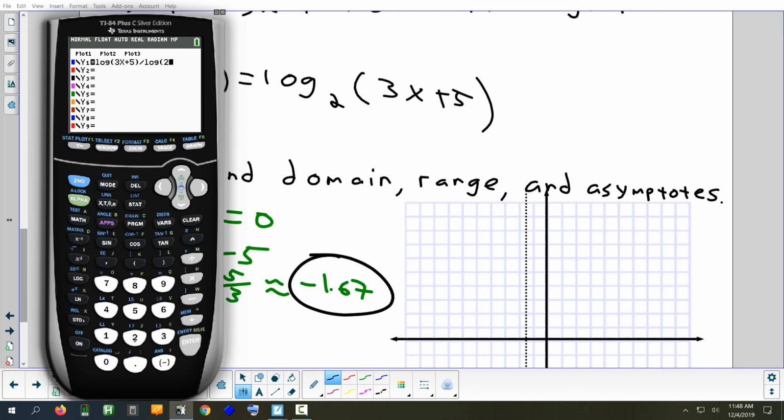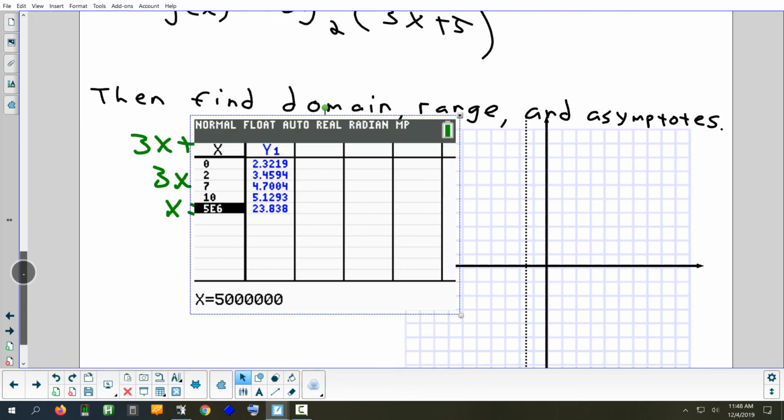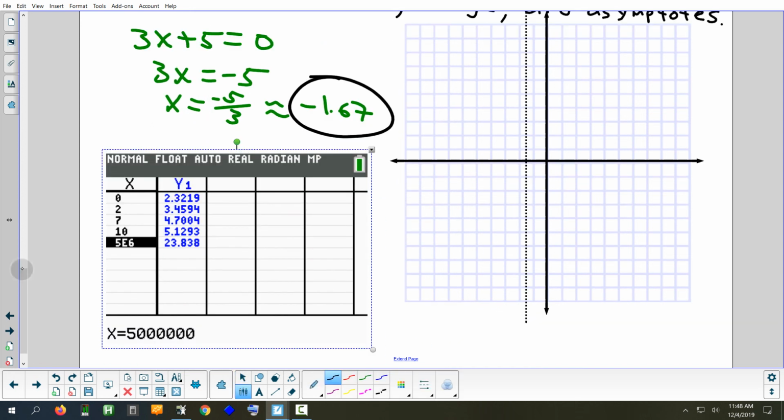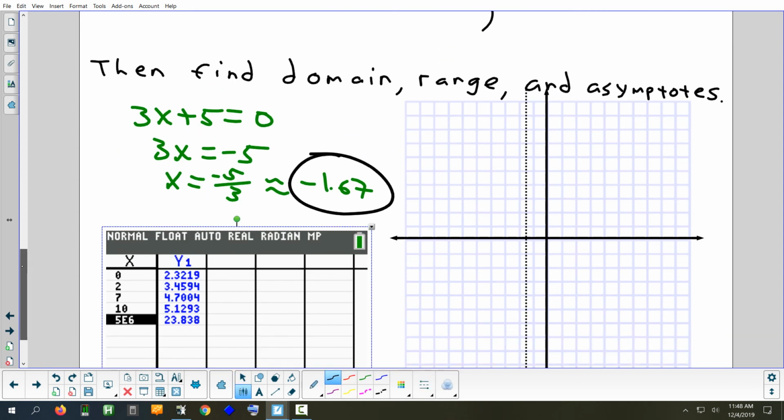Log parenthesis 2, second table. All right. Let's do 0, 2, 5, 7, 10. I just picked random numbers. You do not have to use those exact numbers. I use 0 because that gives me my y-intercept.